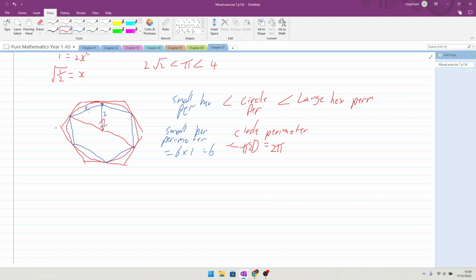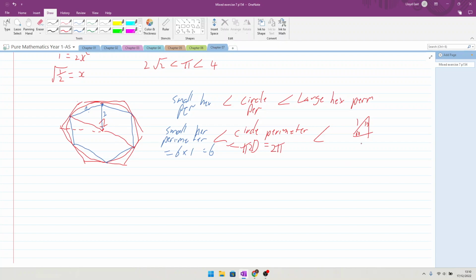And then the large one, what we need to do here is we need the perpendicular height of one of these triangles here. So we've got a triangle that is 60 degrees, 30 degrees, 30 here, 60 here, and it has a hypotenuse of 1.